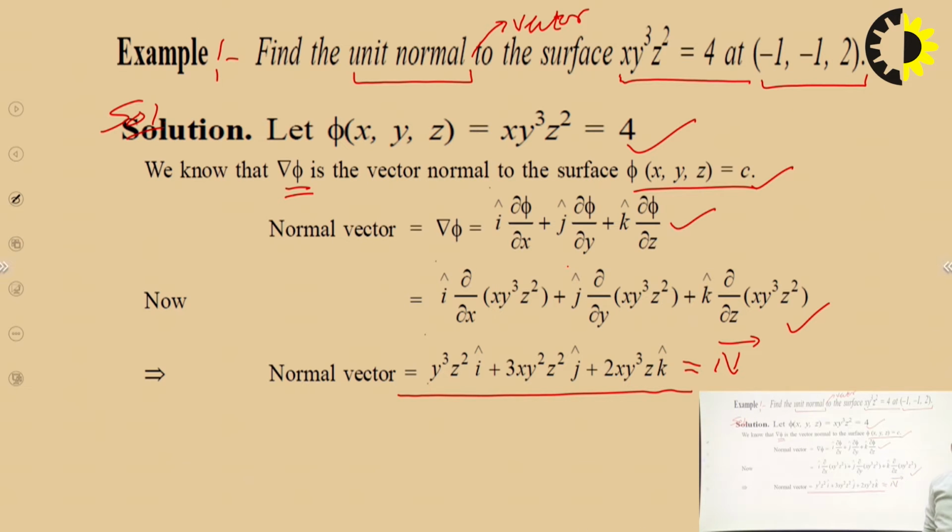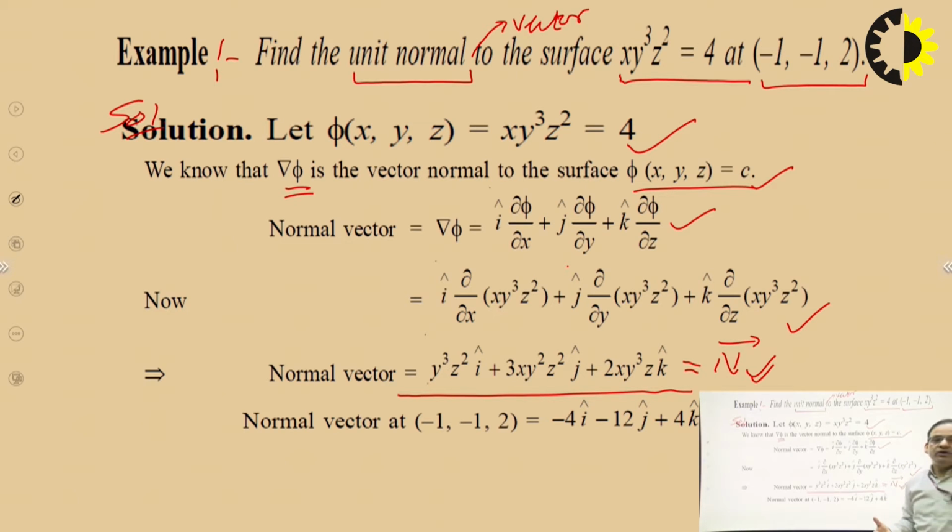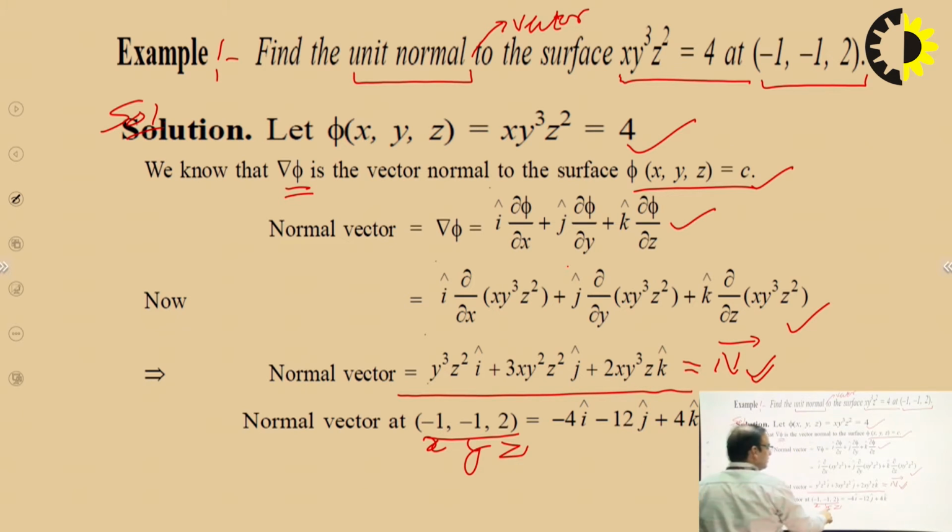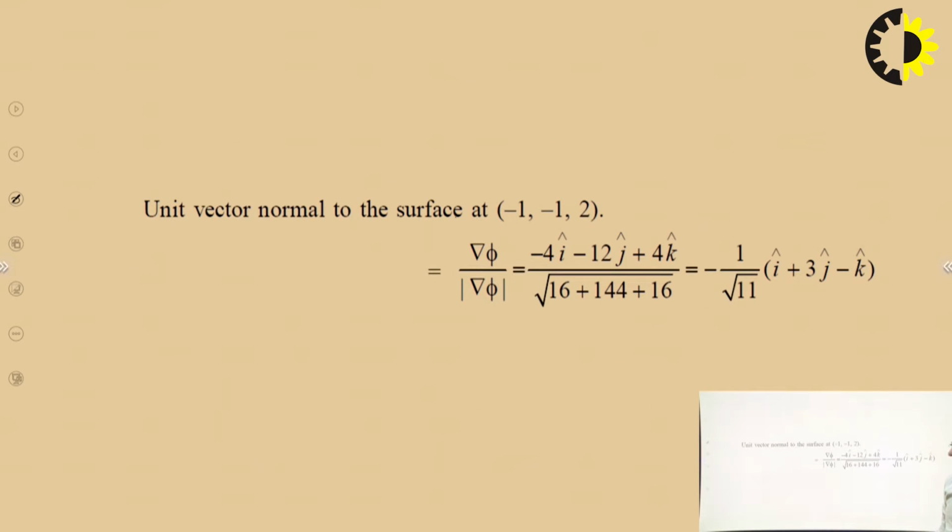Then the normal vector to the surface at the given point minus 1, 2 is found by substituting the values of x, y and z in the general vector, and we get the particular vector at the given point.